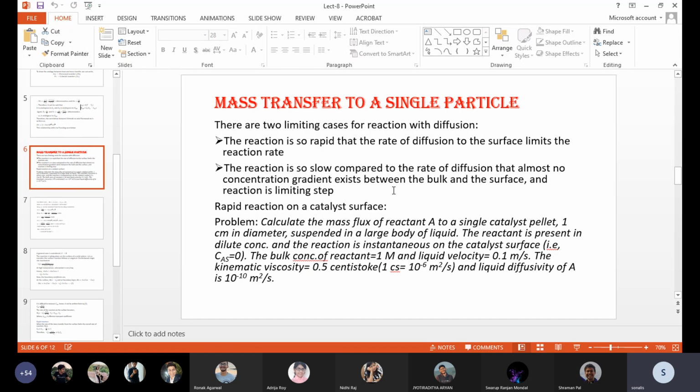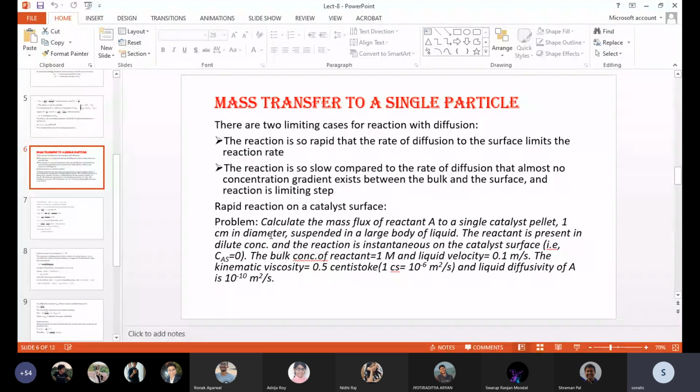So the concentration in the bulk CAB may be almost equal to the concentration on the surface of the catalyst. The difference in concentration, or concentration gradient, is negligible in that case. The reaction is the slow step, the controlling step. So these are the two situations that may occur when we consider external mass transfer.